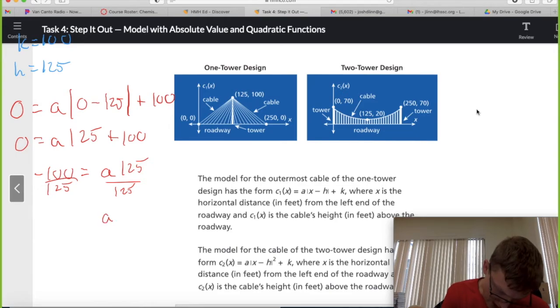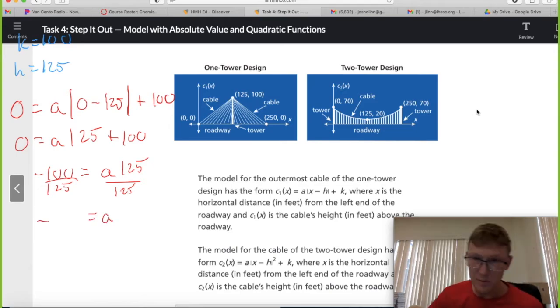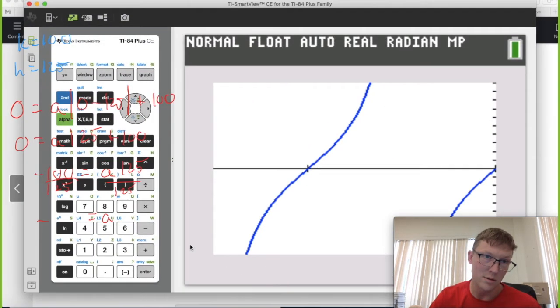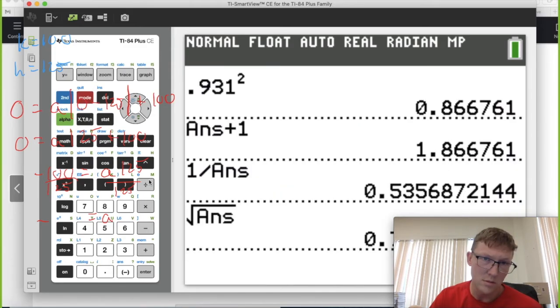Then we're going to have a equals a negative number, which makes sense because there was a reflection with respect to the x-axis, because our absolute value function is pointed down. Then I'm just going to pull up my calculator. What is that? I guess that could be reduced down to 1/4 or something. I don't know.